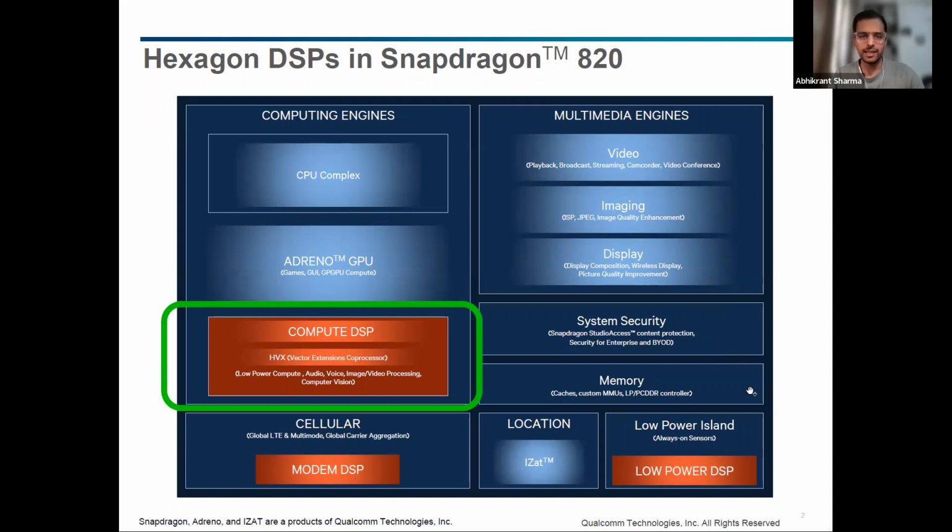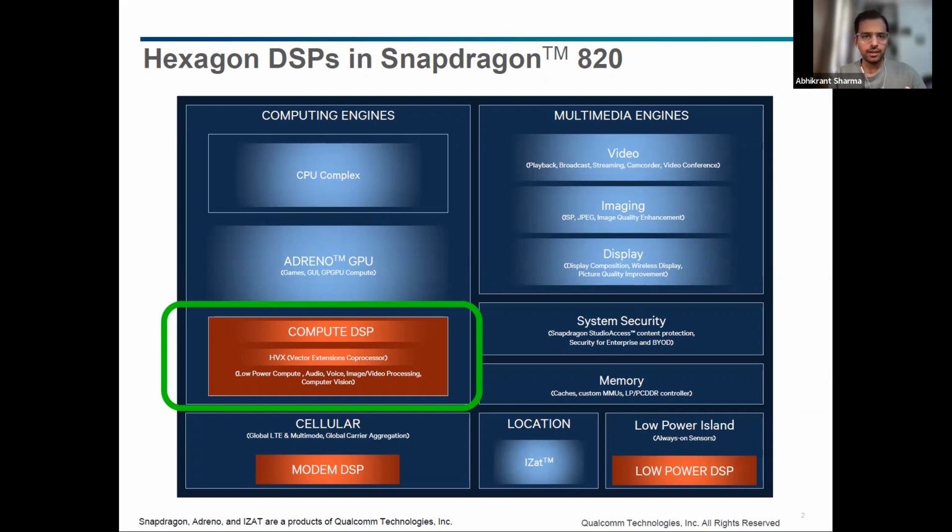So this is the broad picture, a very high level overview of what the Snapdragon SoC has to offer. All these are very complex blocks that execute in parallel to ensure that our experience on the smartphone is really seamless and really good.